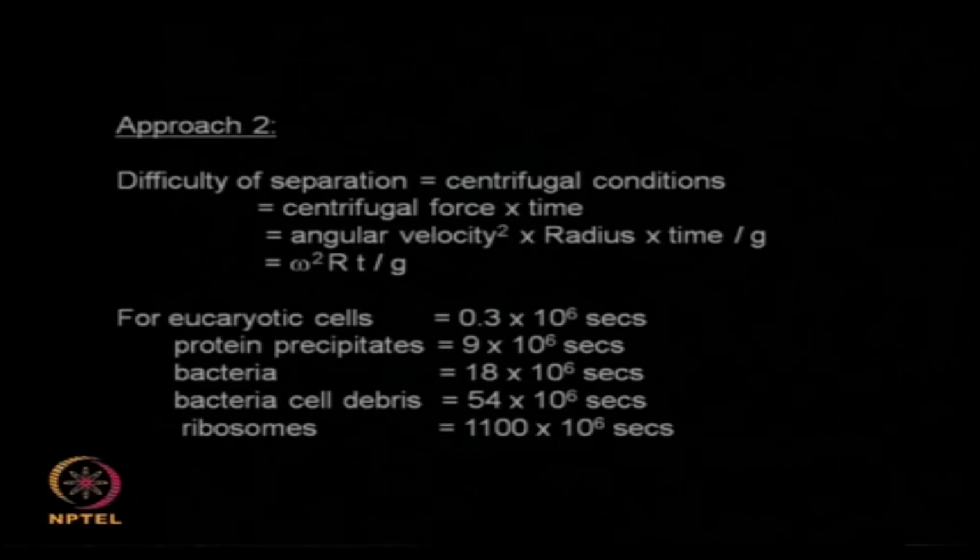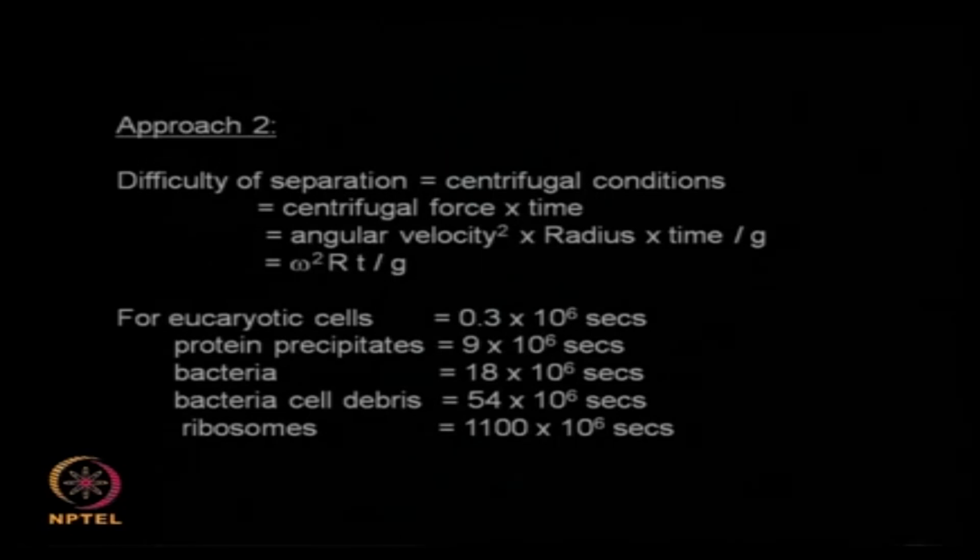Now, one approach we talked about gives you an idea of how to scale up a centrifugal operation when you move from the lab to a full scale commercial plant. The equation is very simple: throughput is equal to terminal settling velocity times hardware parameters.